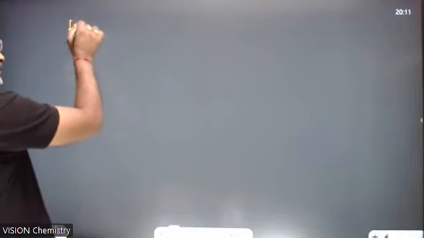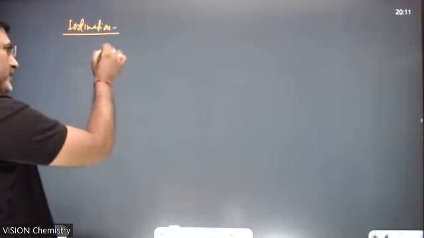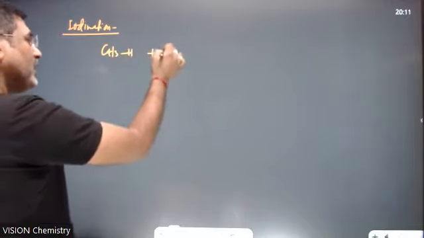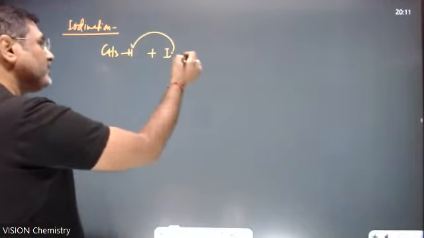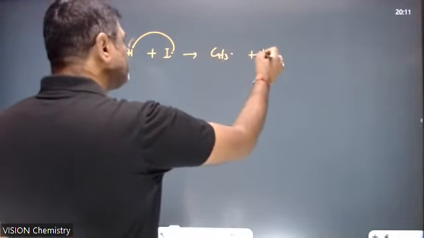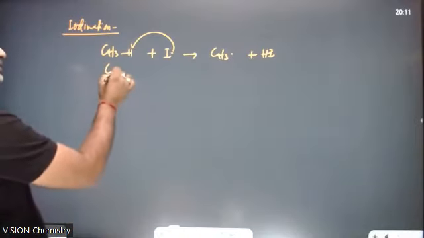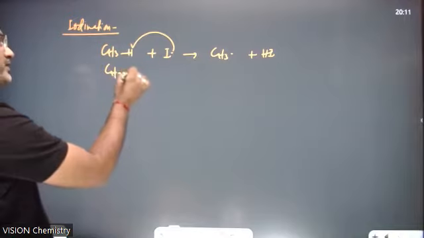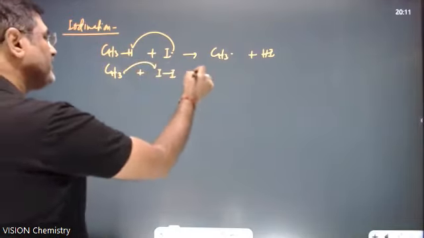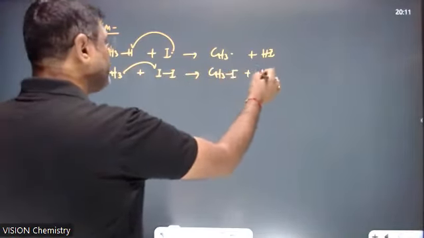CH4 and I free radical: this will take the H and give the CH3 free radical and HI. The CH3 free radical will then take I2, forming CH3I and an I free radical.